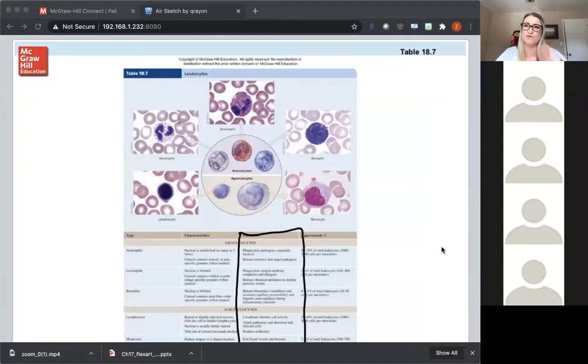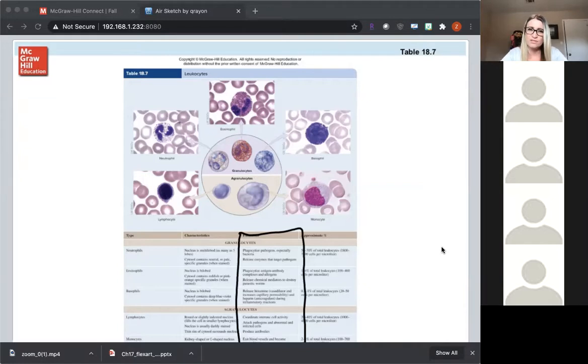Okay, so to summarize, neutrophils are engulfing cells. They like to phagocytize, they're phagocytes. They engulf mostly bacteria. They prefer bacteria. They can engulf other things too, but they prefer bacteria. And then they destroy them. They kill them.